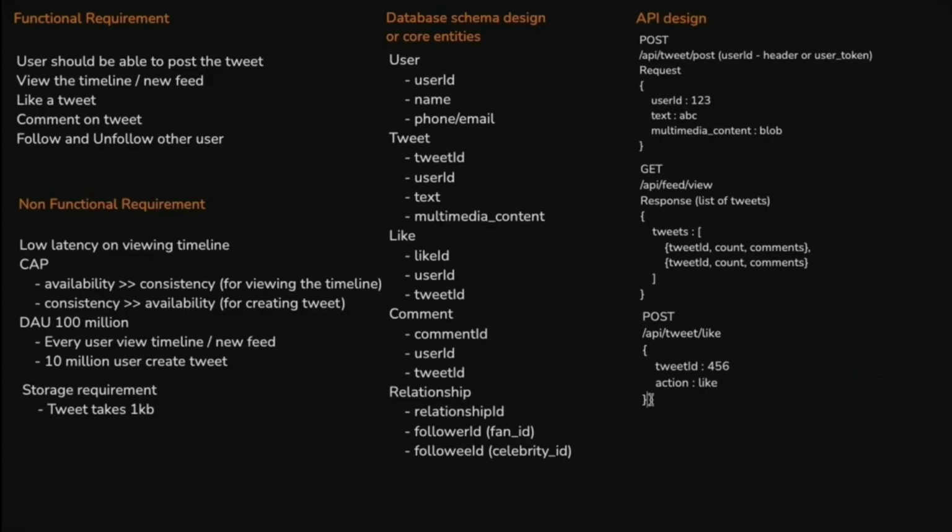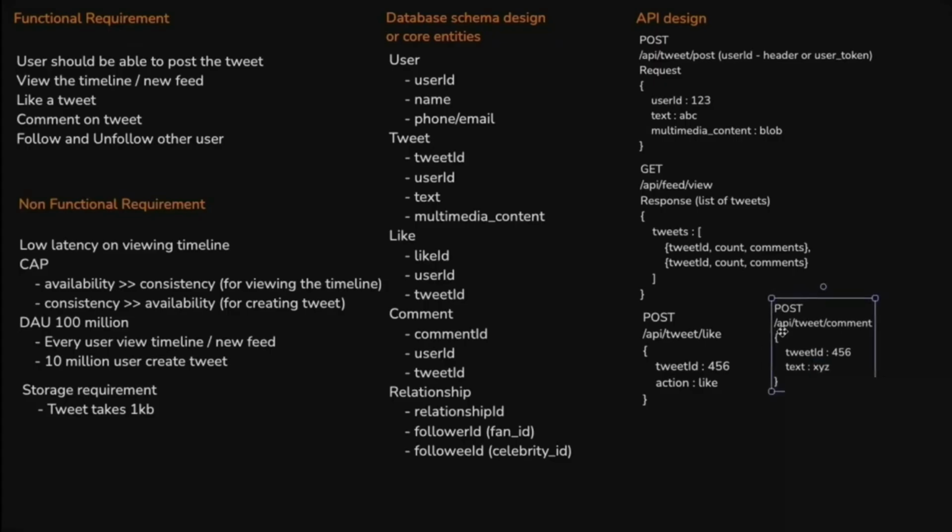Also, let me copy this post API, which is similar to the comment API here, and let me zoom out a little bit and keep it here. The post API for the comment is similar to the like dislike API. For a particular tweet, the text would be, let's say, XYZ.